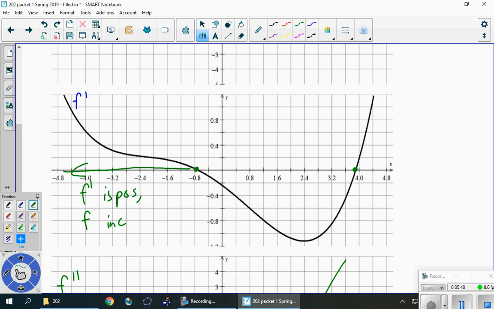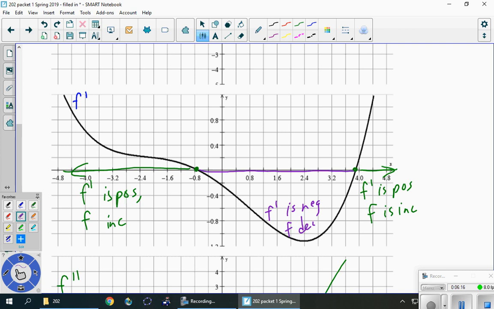And same deal over here to the right of 3.8 or whatever that number is. Again, F prime is positive, so F is increasing. And then in between these two x-intercepts, F prime is negative. It's below the x-axis the whole time. And since F prime is negative, F must be decreasing.